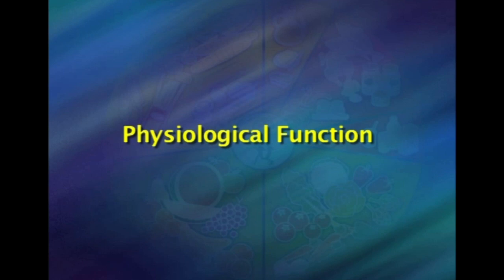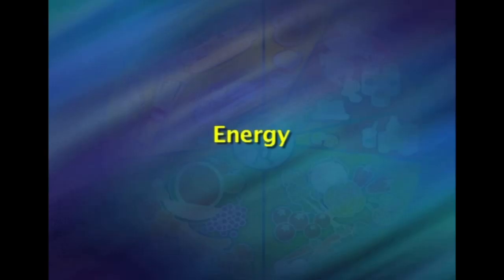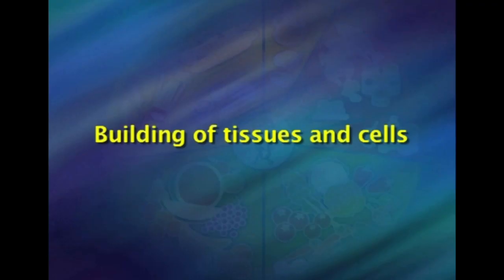Under this, the most important function of food is to provide energy. Now, this energy is needed and is supplied by the oxidation of the various foods that are consumed in our body. The second function is which helps in building up various tissues and cells.